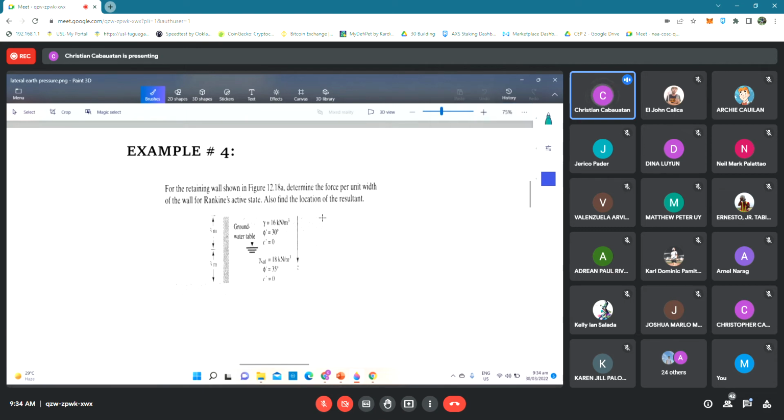So first, for the first layer, same lang siya. Okay?